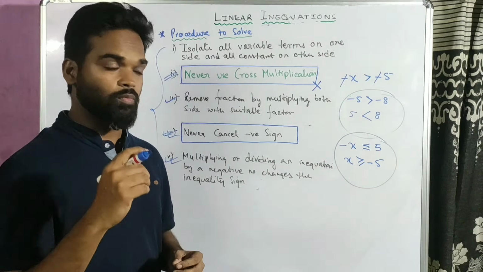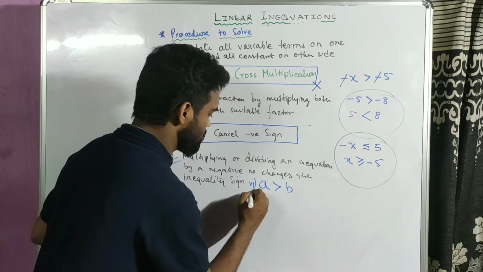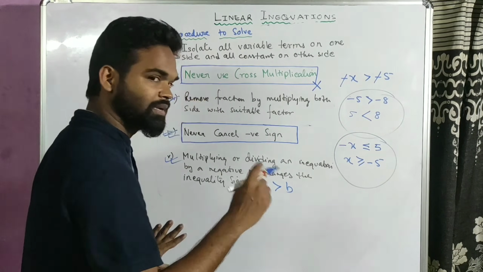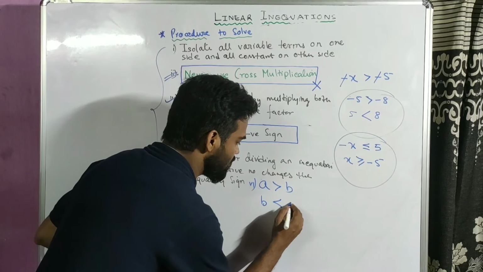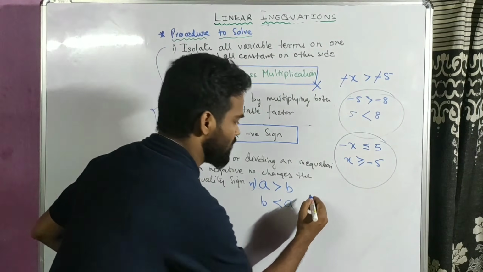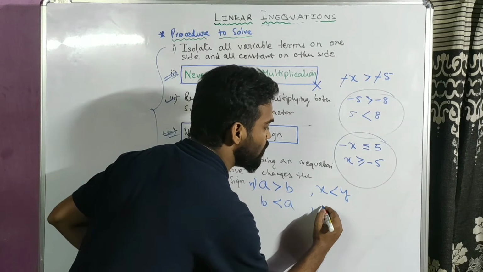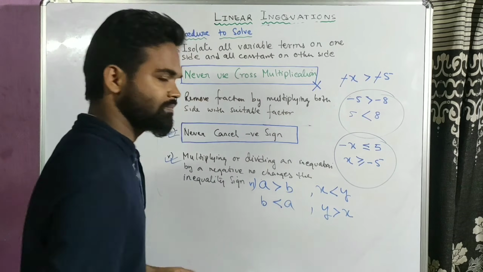Now look at one more thing. Suppose I write a greater than b. This statement can be written in this form also, b less than a, means the same thing. Similarly, if x less than y, we can write y greater than x.